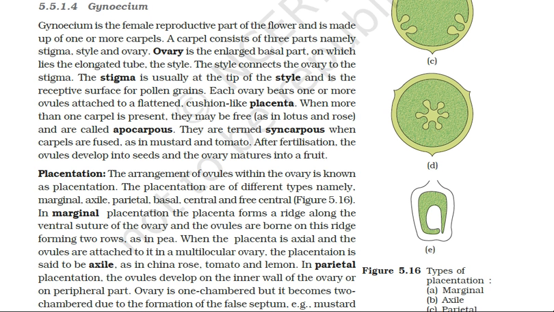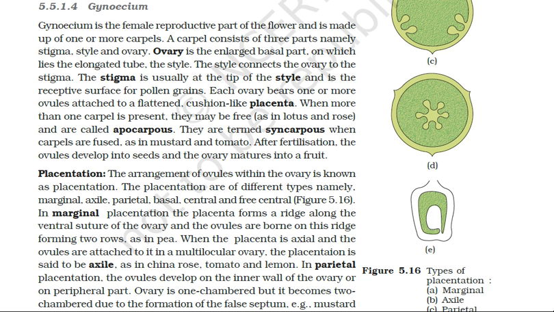When the gynoecium consists of more than one carpel, the carpels may be free. Then the condition is termed as apocarpous. You can see apocarpous condition in rows.